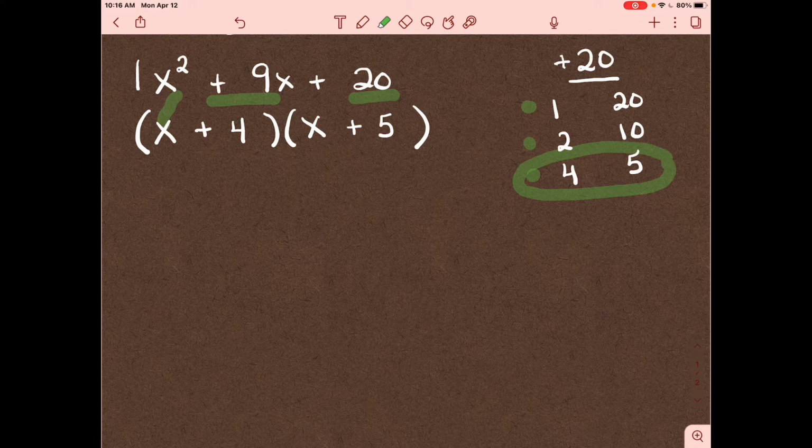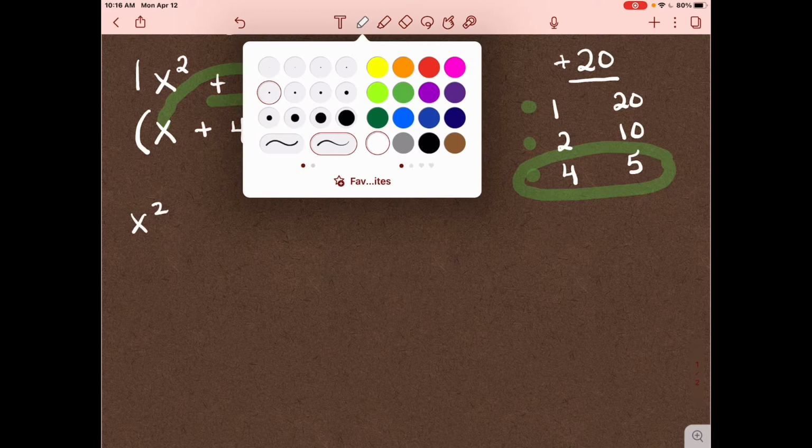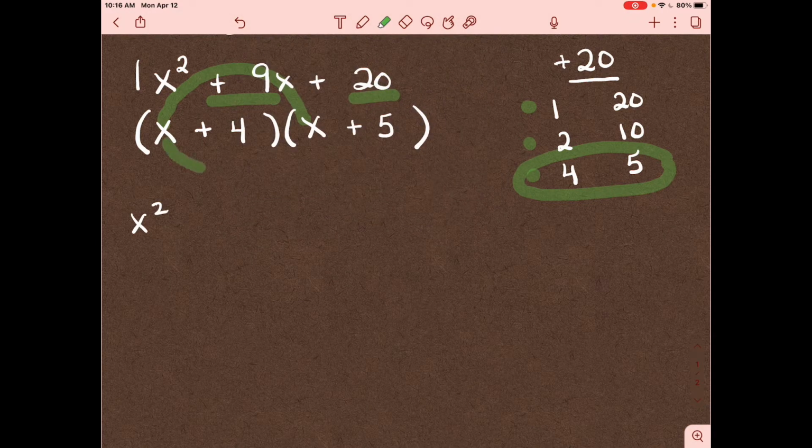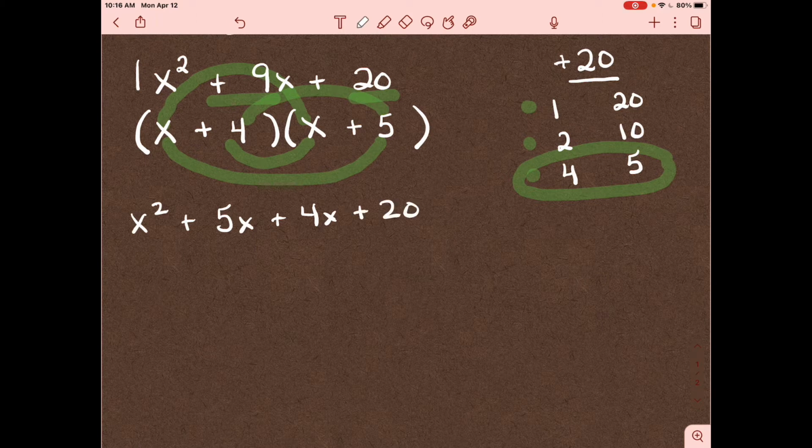Okay, I'm going to go first. X times x is x squared. Oops. Let's just go here, outer, x times 5 gives me 5x, inner, 4 times x gives me 4x, and last, 4 times 5 gives me 20, and we can see that when we combine the outer and the inner here, I come back to my original trinomial.